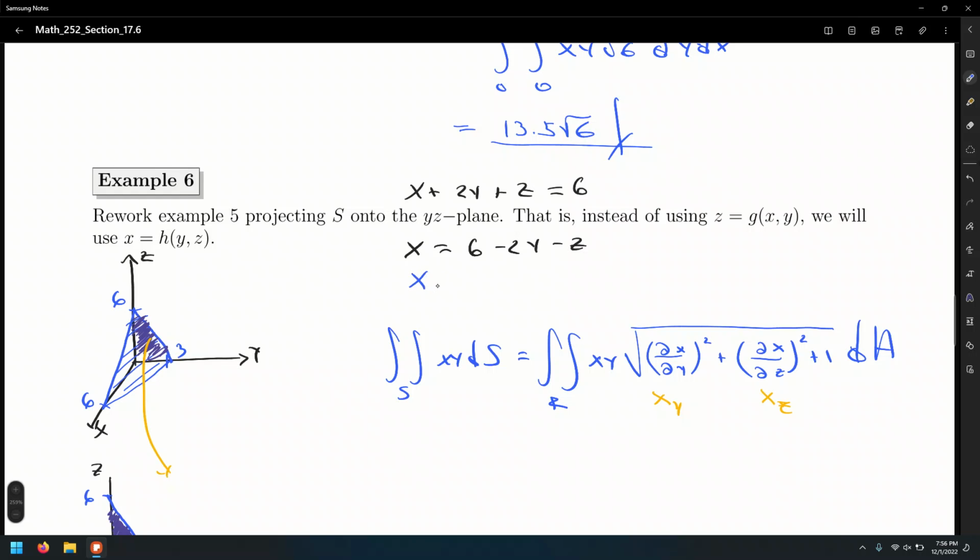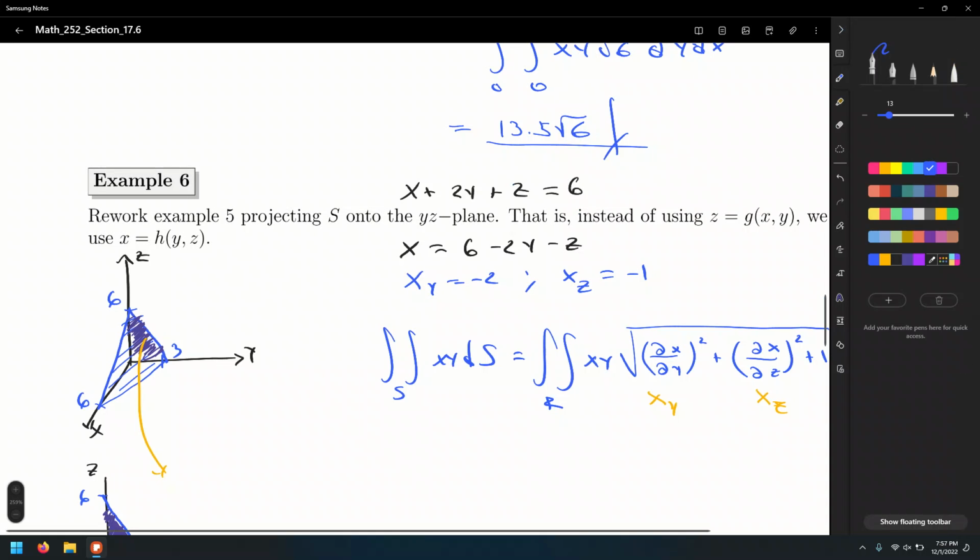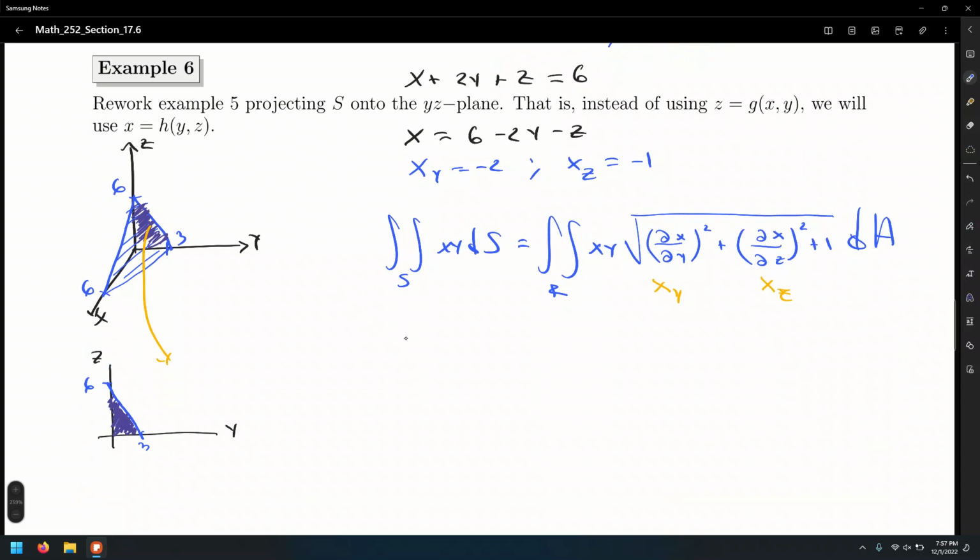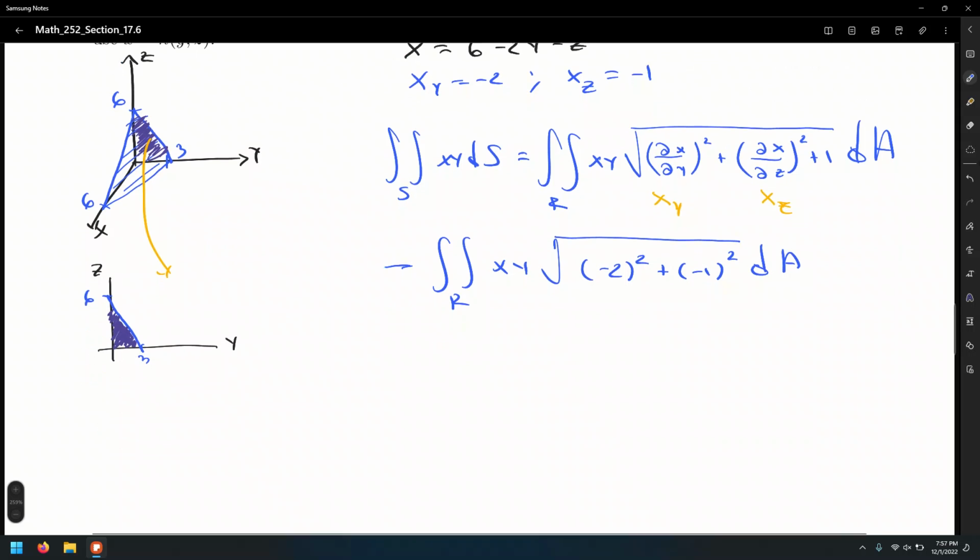The partial of x with respect to y is -2, and with respect to z is -1. That's equal to the double integral over R of x y times the square root of -2 squared plus -1 squared, dA. Again, I'm forgetting a 1, so that's going to be another square root of 6.